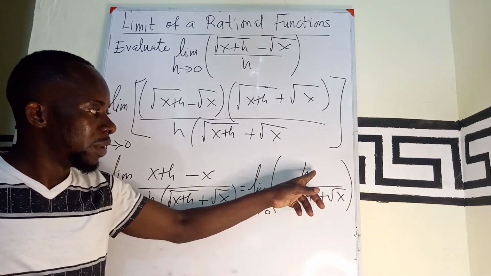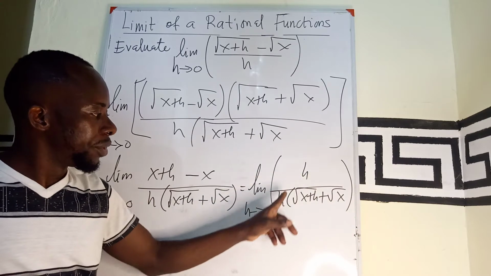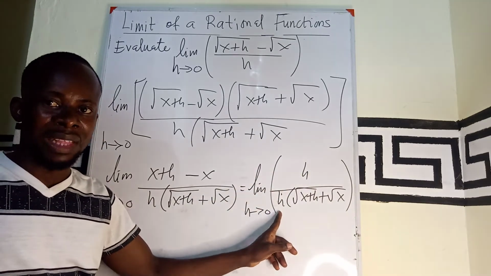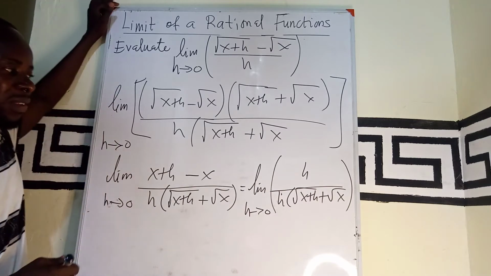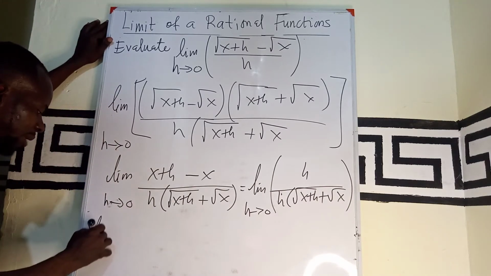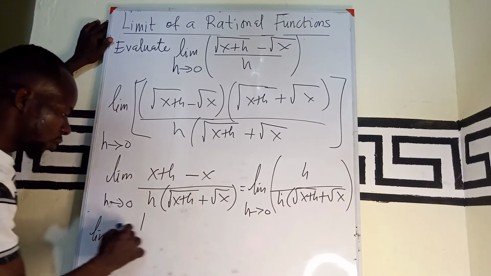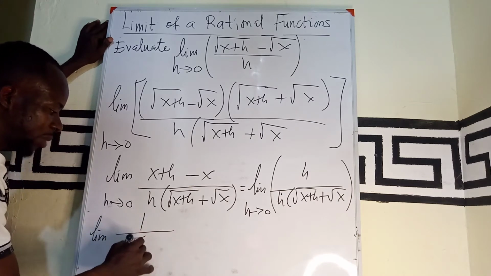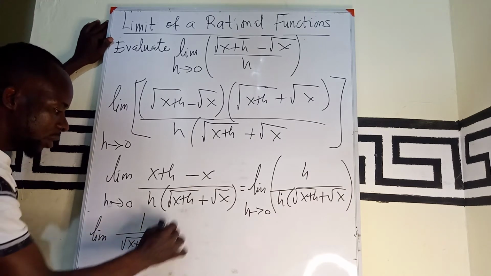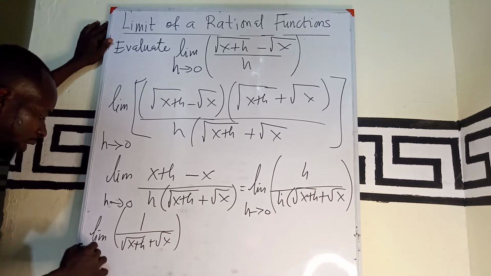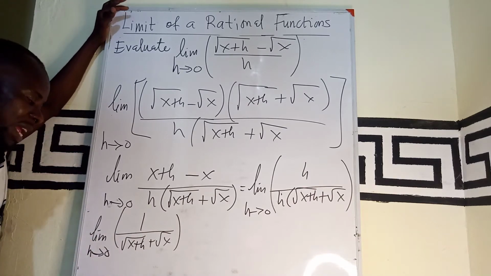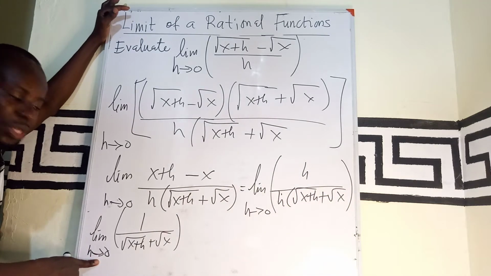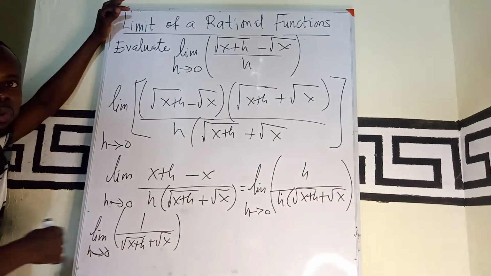You can see the numerator has h, and the denominator has h as a factor multiplying the bracket, so they can cancel out. If that is cancelled, you will just be left with the limit of 1 over the root of x plus h plus the root of x, as h is still approaching 0. Now you can see that if you put the value of h into this, you're not going to get 0.